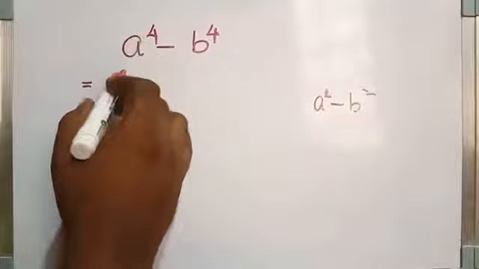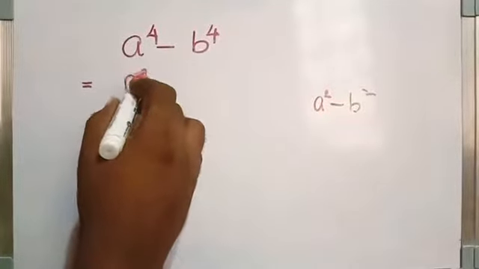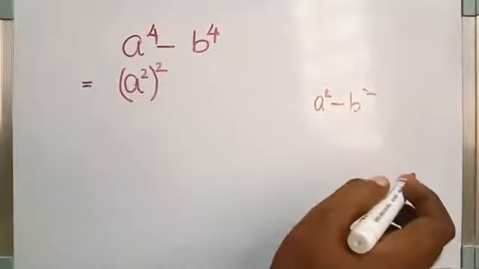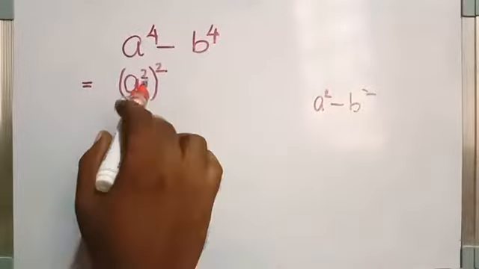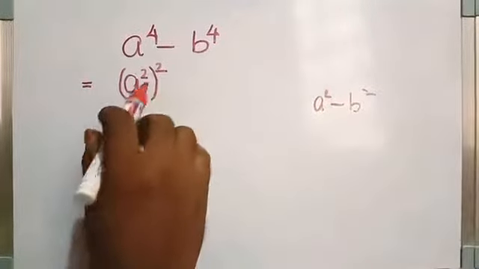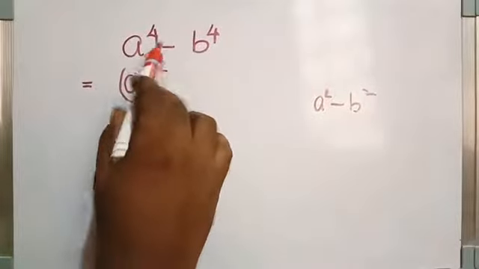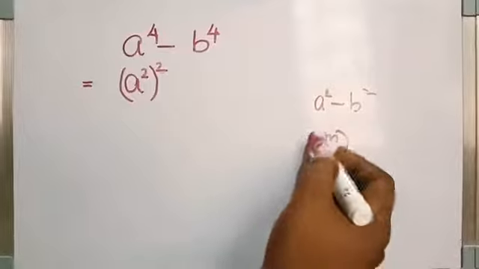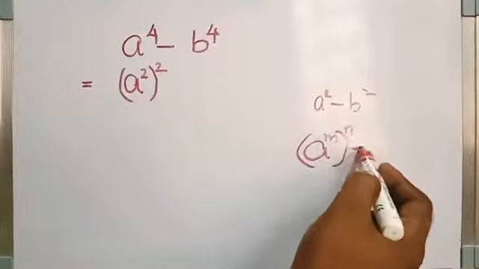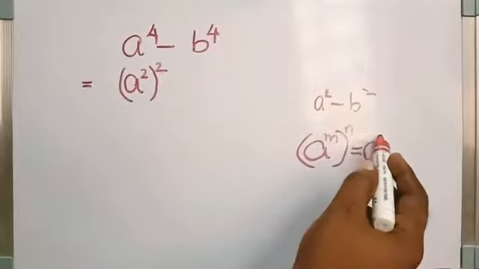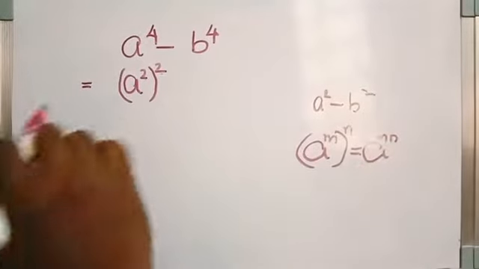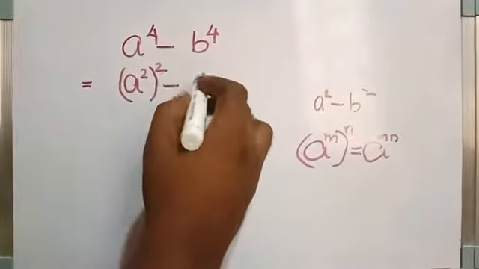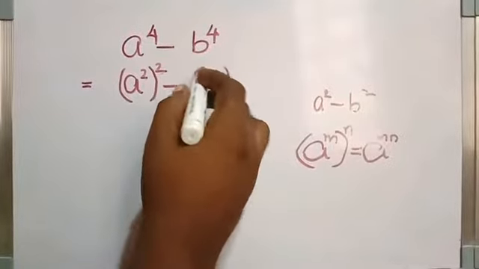A raised to 4, I'm writing as a squared the whole squared, so that 2 times 2 is 4, by using the law of indices: a raised to m, the whole raised to n, is a raised to mn. Minus b raised to 4 is b squared the whole squared.